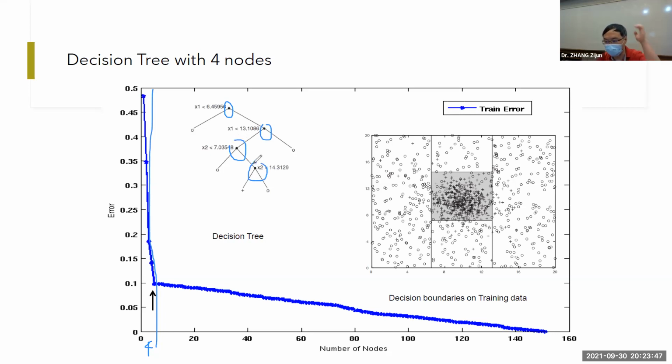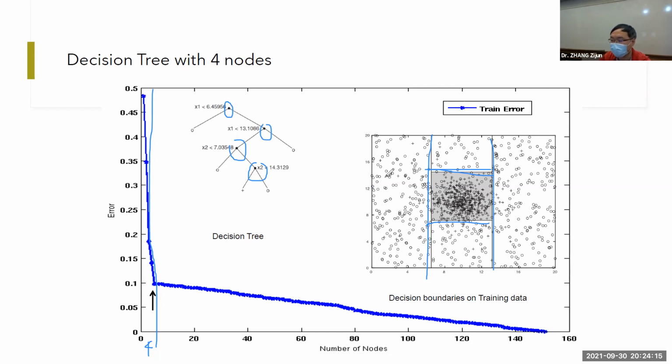That means you generate 4 rules for separating data points. The tree structure will look like this, and the decision boundary in a 2-dimensional space will look like this. Each boundary represents a node. So you're using 4 decision boundaries to separate data points into different classes.